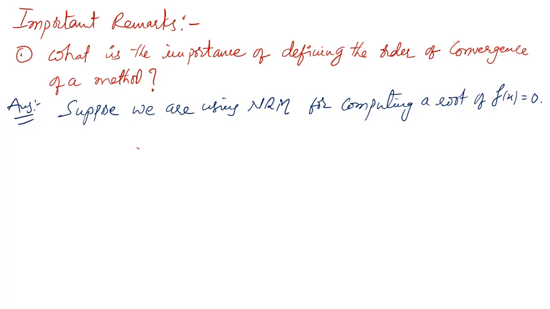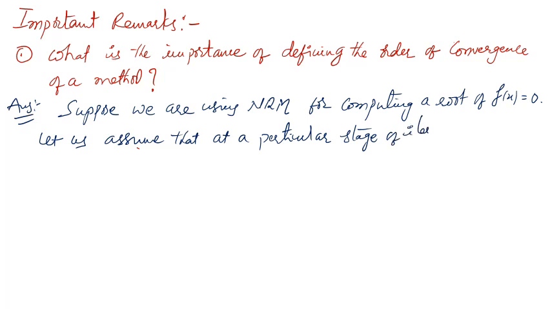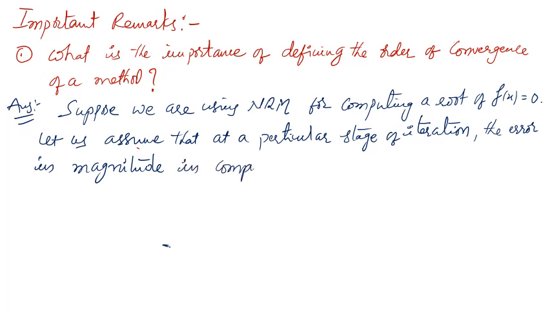Let us assume that at a particular stage of iteration, the error, meaning exact minus approximation, the error in magnitude only, don't consider negative sign or positive sign, only magnitude value, the error in magnitude in computing the root, is 10 power minus 2, that is 0.01.